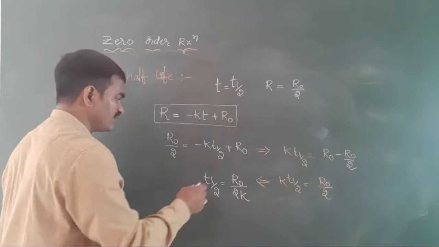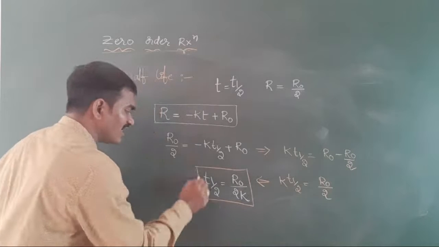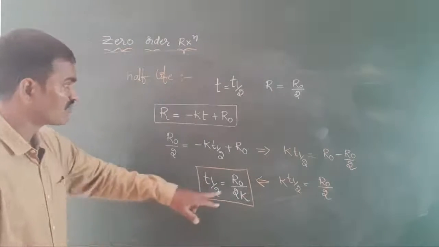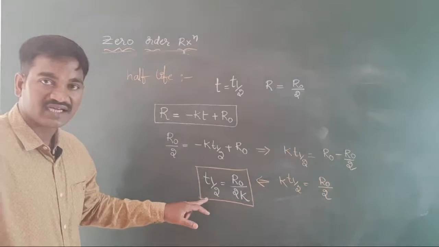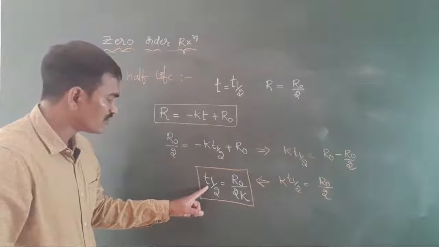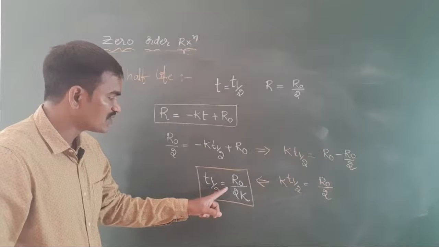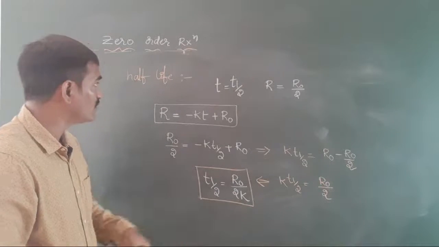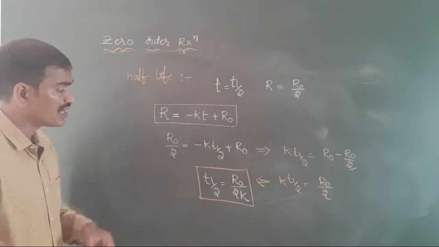This is the half-life for the zero order reaction. Everyone should focus here. T half is equal to R naught by 2K. This is the half-life for the zero order reaction.